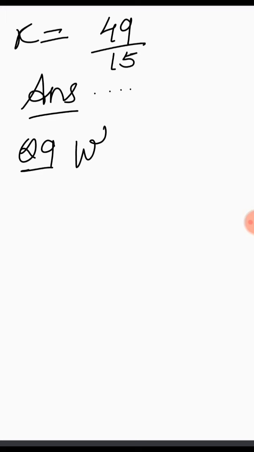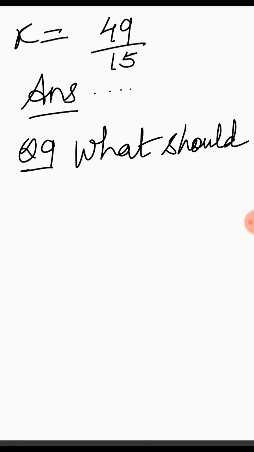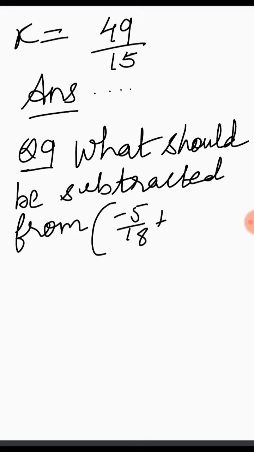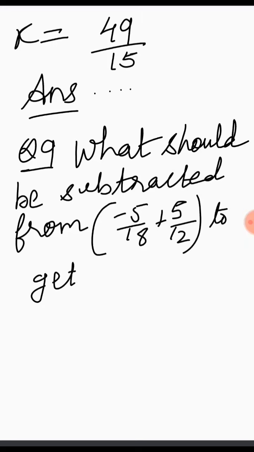What should be subtracted from -5/18 plus 5/12 to get -11/72?